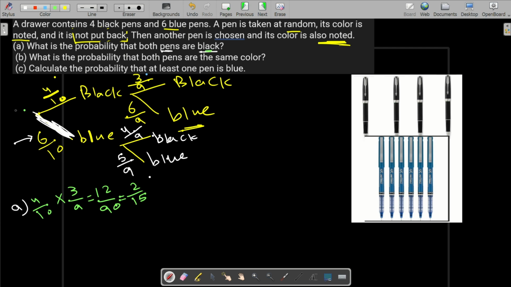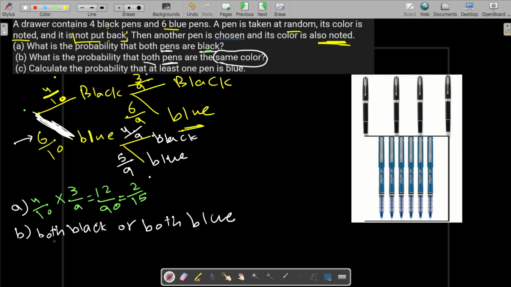Let's check question B. In question B, what is the probability that both pens are the same color? Both pens are the same color, either both black or both blue. Both black we got from the first question, which is 2 over 15.